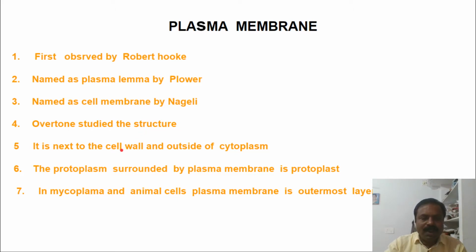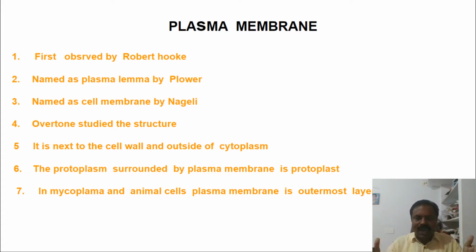First, this plasma membrane is present next to the cell wall. The plant cell is covered by the cell wall, and next to the cell wall, a thin layer is present. It is called the plasma membrane. It is present outside the cytoplasm, or outside the protoplasm.